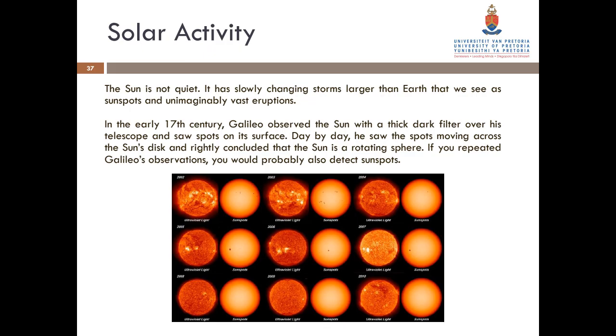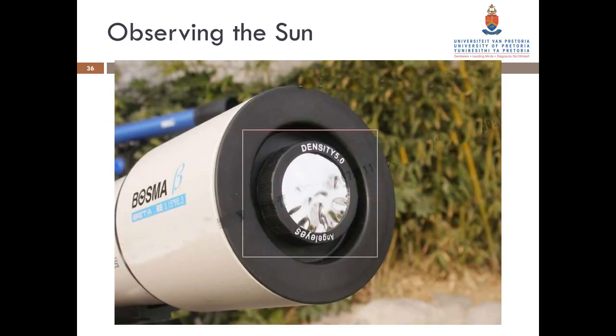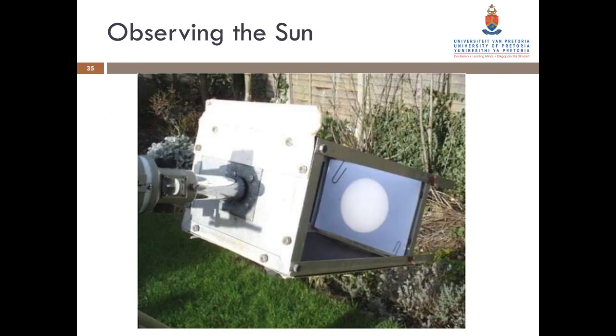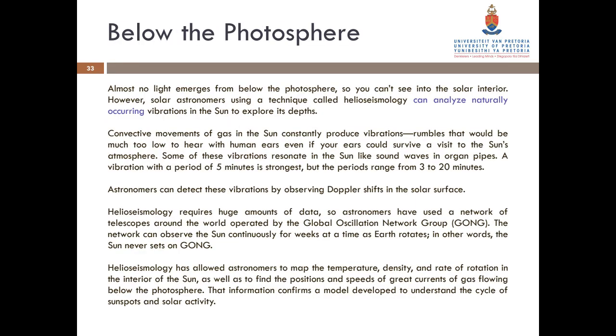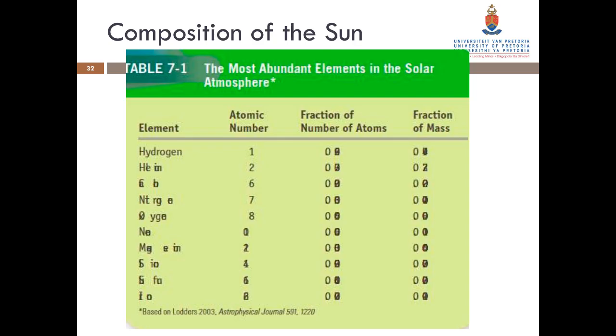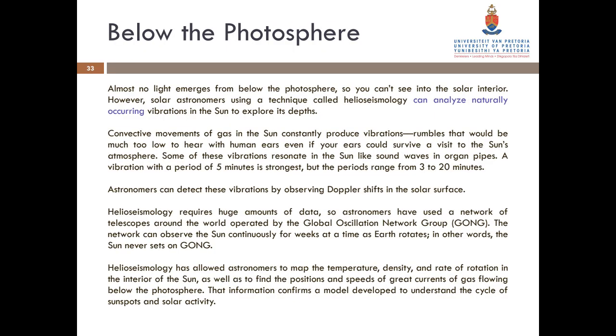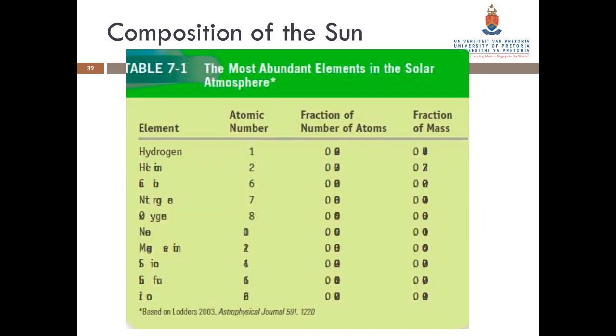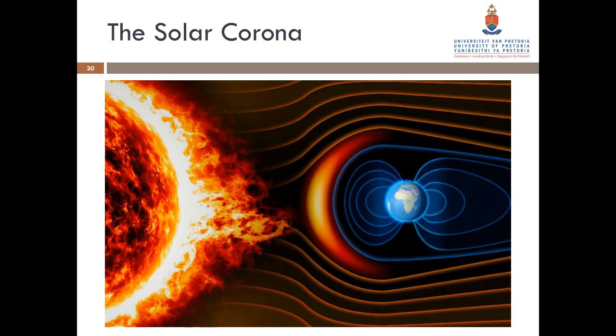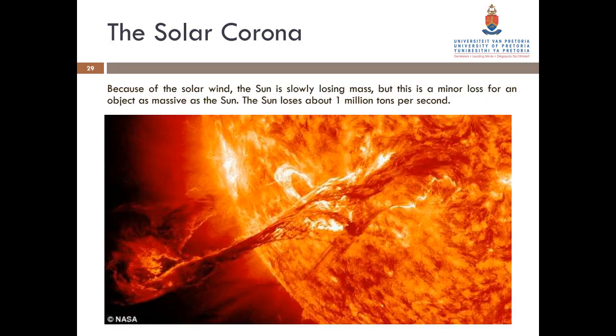So question, what is the theory as to why the corona is hot? Let me go back a couple of slides. We will discuss that later as well. So where is that? So that is in this slide over here.